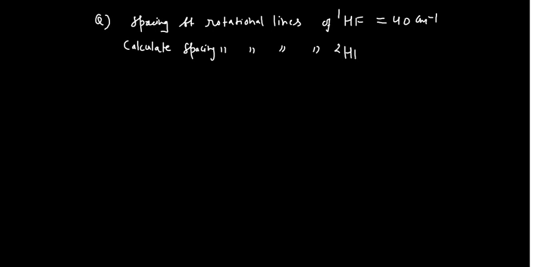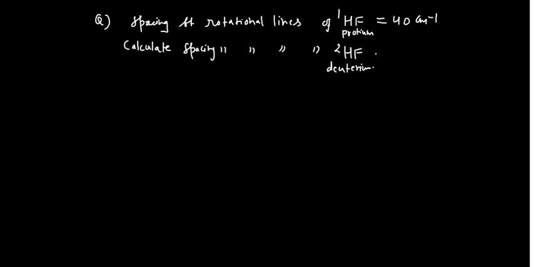You know this 1H is your protium, the lighter isotope, and this is your deuterium, the heavier isotope, right? This you have to calculate.